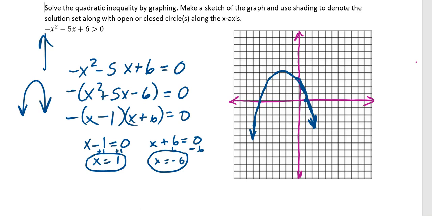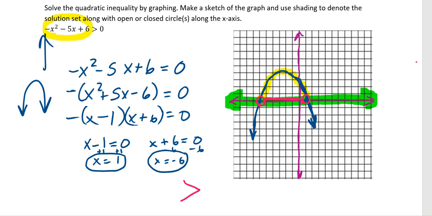Because we know that our output, when it's greater than 0, will be above the x-axis. So it's going to be this portion of our graph. So now we want to describe this with our x-axis as always. So we can see that we're going from here to here, right? And since we have a greater than symbol, we're going to leave that as an open circle.